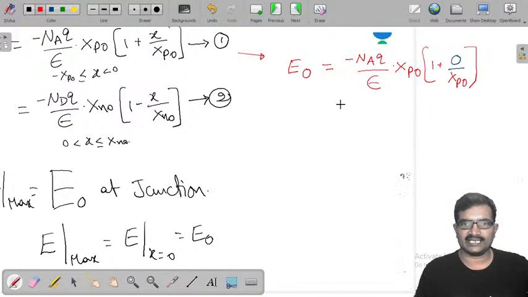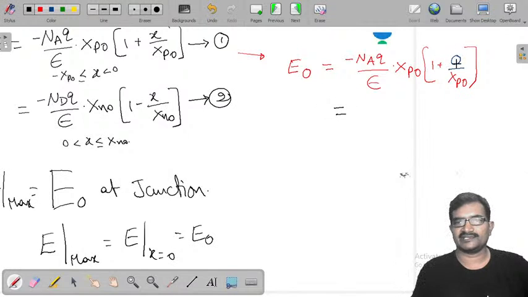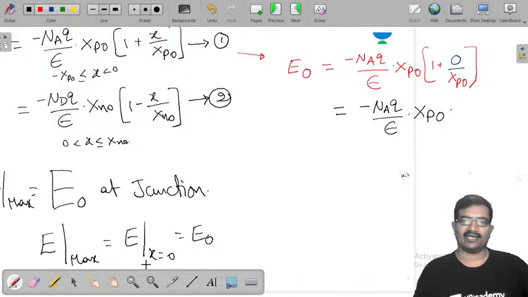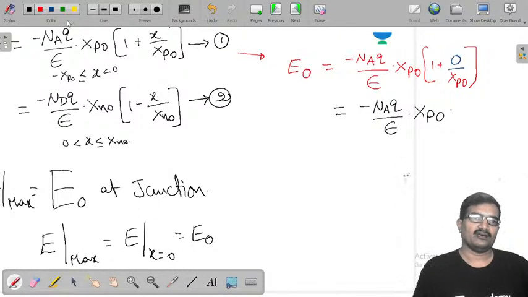Now its result is 0 by something, which is 0. Into 1, the same value, minus Na into Q by epsilon into x p naught. This is the E value from equation 1.